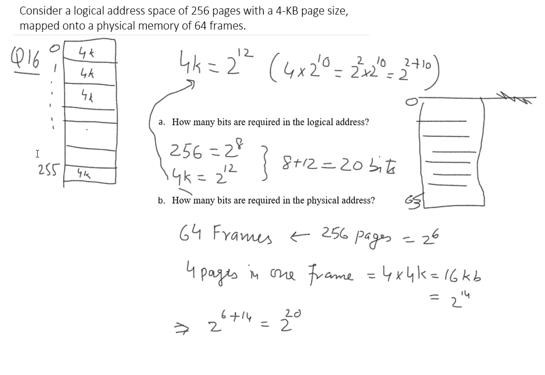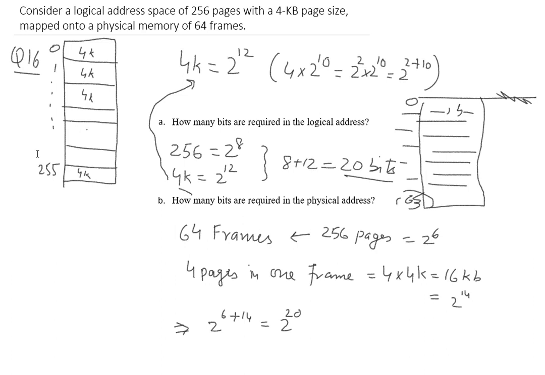So 14 bits will be needed within a frame, and for the total number of frames, which is 64, we will have 2 power 6 possible values. So 14 bits plus 6 bits is 20 bits. We will need 20 bits for this physical memory.